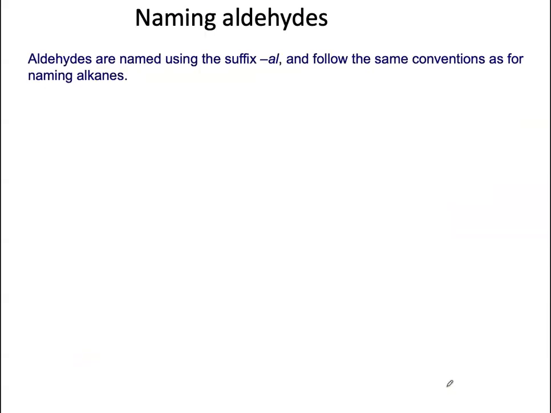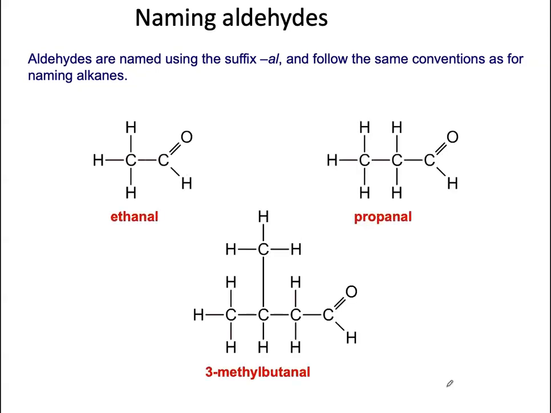I don't want to spend too long on nomenclature because the rules have been studied in Year 12 before. Just focus on 3-methylbutanal, and why is it 3-methylbutanal? The carbonyl carbon is your first carbon. It takes precedence. Carbon 2, carbon 3. Methyl is on carbon 3, so 3-methylbutanal.